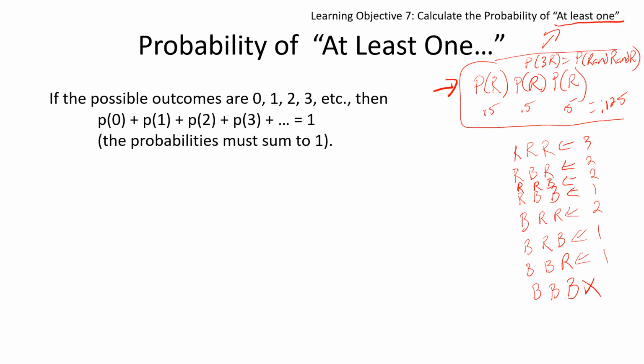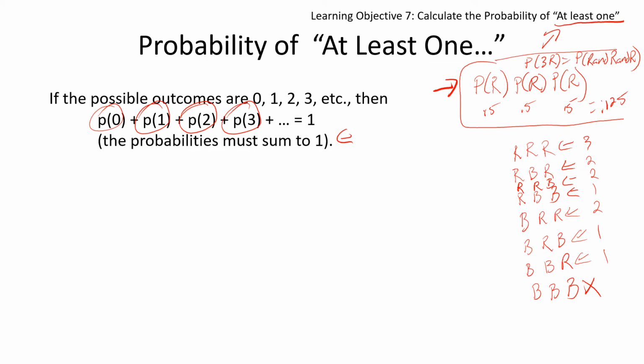First off, we need to know this thing that we were talking about before, and that is if we have mutually exclusive exhaustive categories, they form a partition, then they sum up to 1. In this case, we've got 3 draws. The probability of getting 0 red cards, the probability of getting 1 red card, the probability of getting 2 red cards, and the probability of getting 3 red cards.